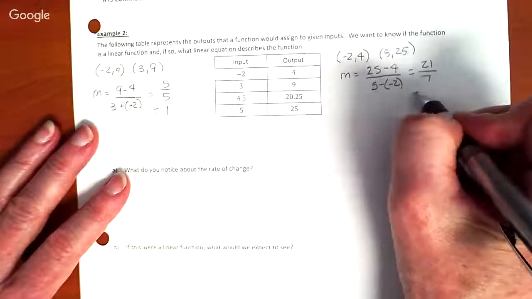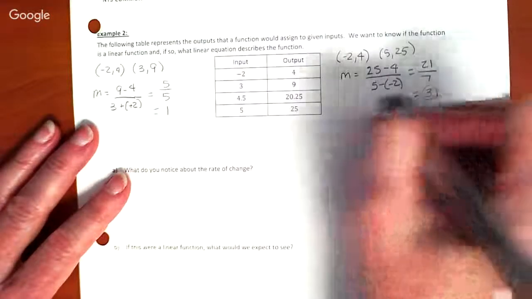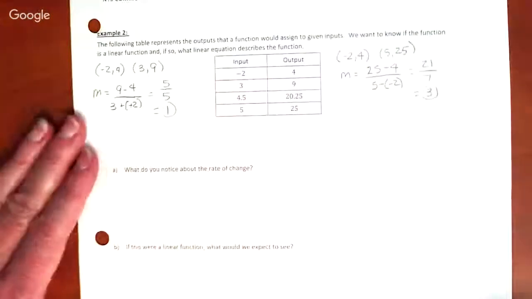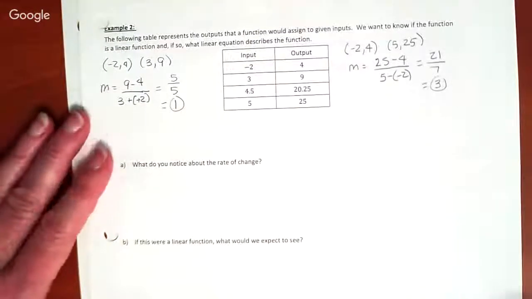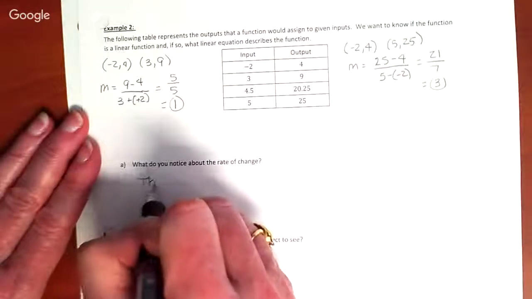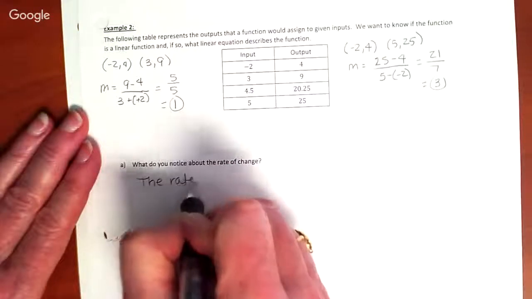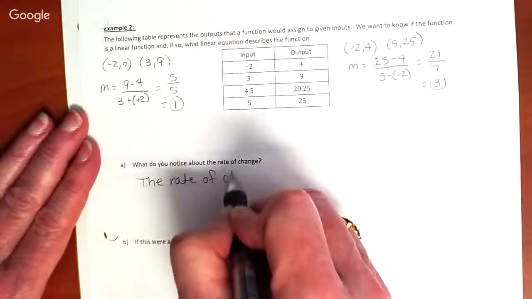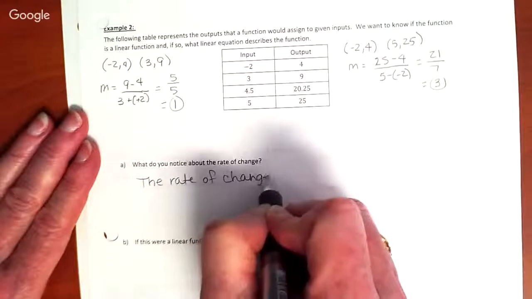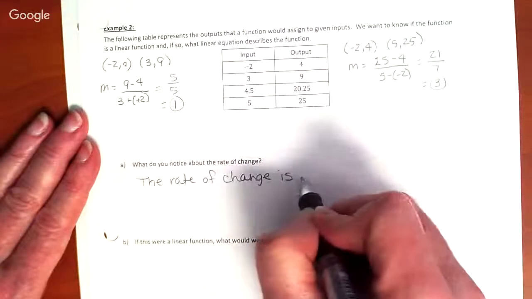And that equals 3. Well, these don't match. So it says, what do you notice about this rate of change? Well, the rate of change is not constant.